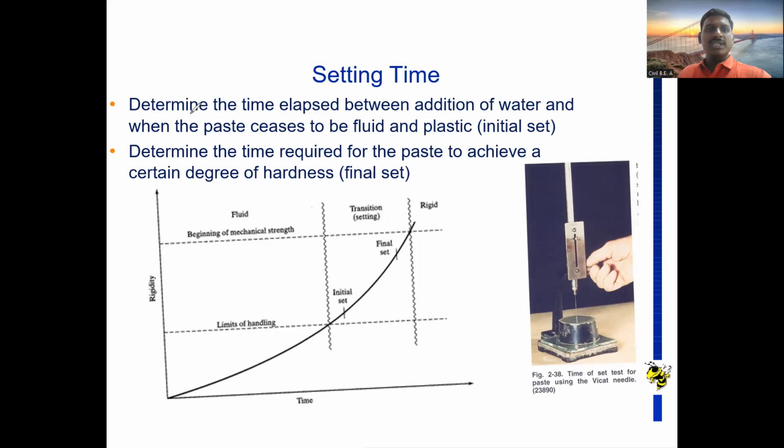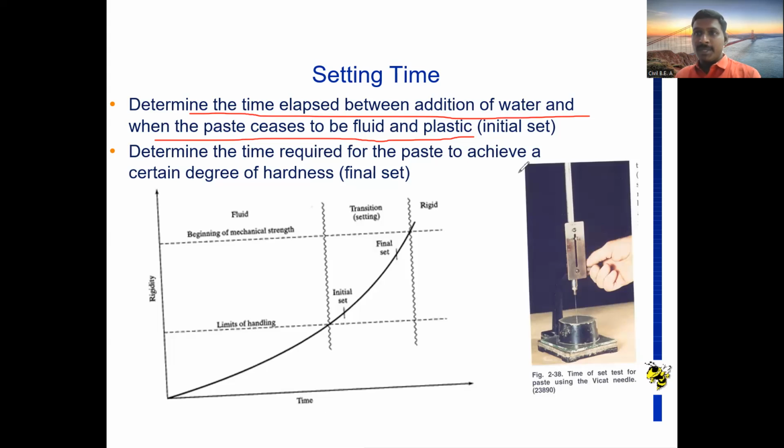So this is the setting time that we have to see for the properties of fresh concrete. Generally we have to determine the time elapsed after the addition of water, while the paste is fluid and plastic. When we add water into the cement, from the start time of adding the water, whatever paste we prepare, we fill it into the Vicat apparatus and perform the test.